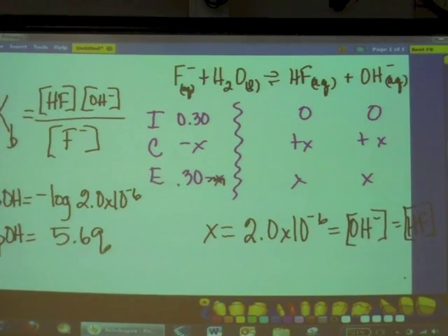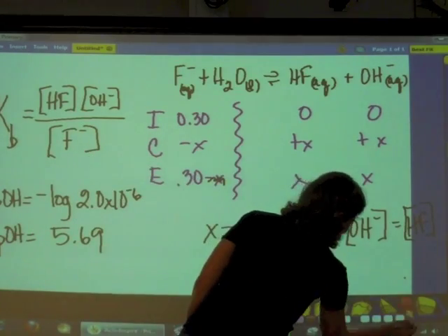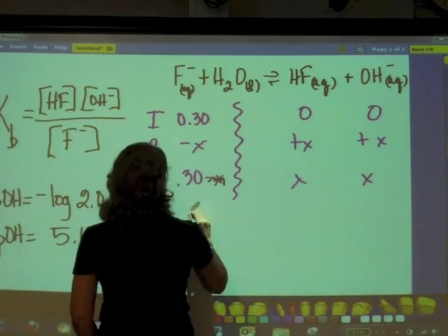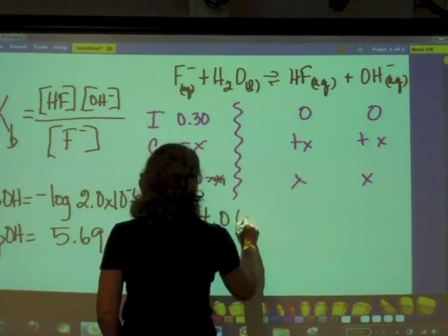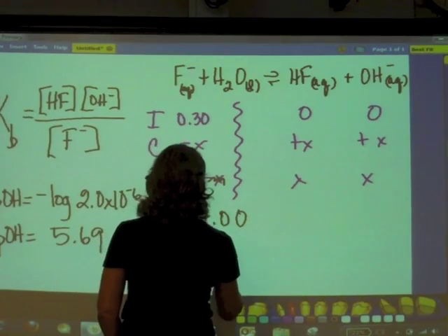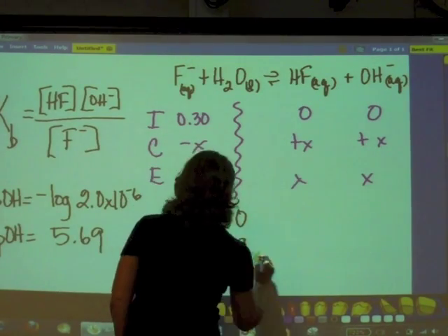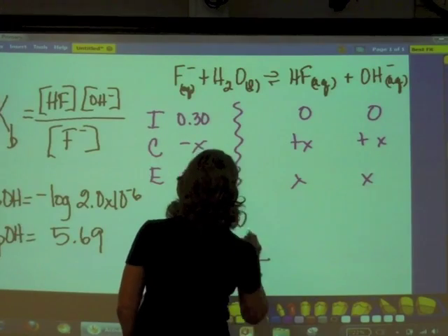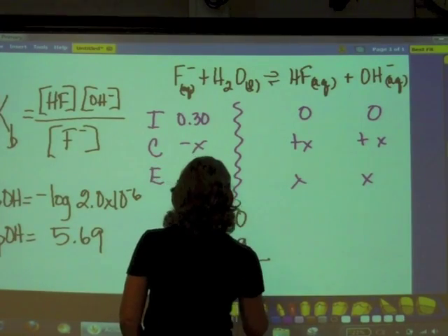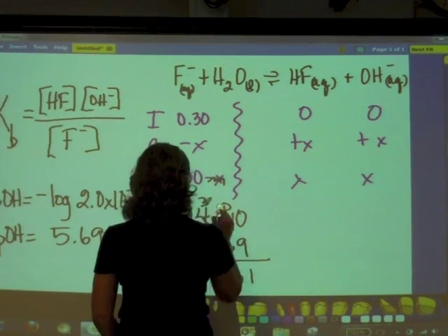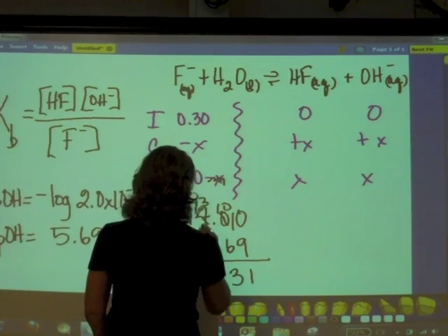But we're still not done with this problem. We're almost there. I'm going to take 14.00 minus 5.69, and we're going to get 8.31.